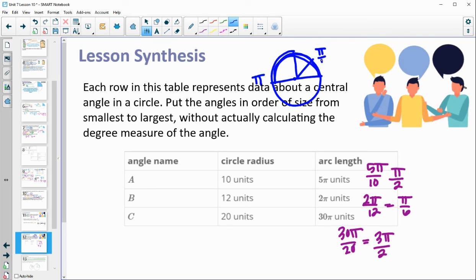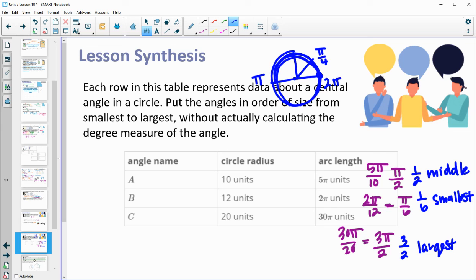And then all the way around the circle, we thought of as a ratio of 2 pi when we look at circumference divided by radius. So looking at how big these are, this has a fraction of 1/2, this is 1/6, and this is 3/2. So this would be the smallest way around. This would be the largest because this is over 1, the biggest fraction of them. And then this would be in the middle of those.